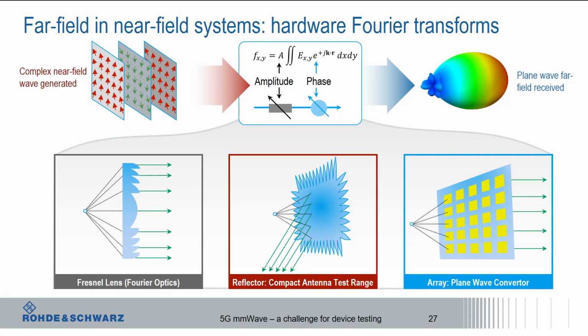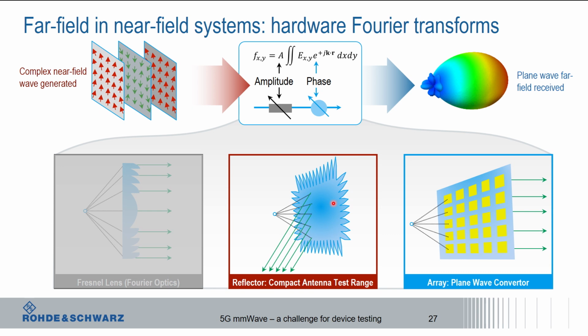You see here on the left, Fresnel lenses would be one possibility. So you have a point source that is emitting waves, and then they are going through this lens, and with this they are evened out, so you create a plane wave. That's not so commonly used. It's more in research environments maybe, but in industrial applications you find more CATR, compact antenna test ranges.